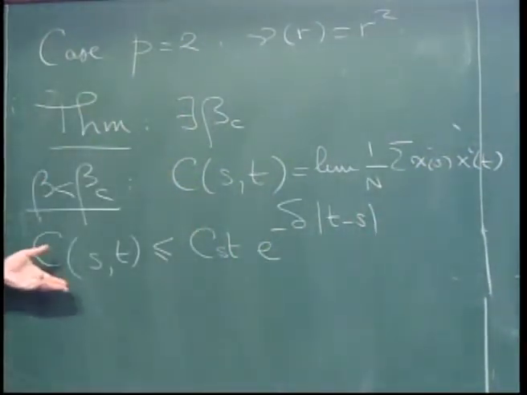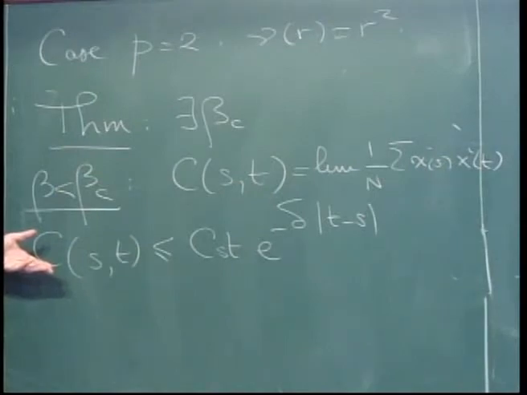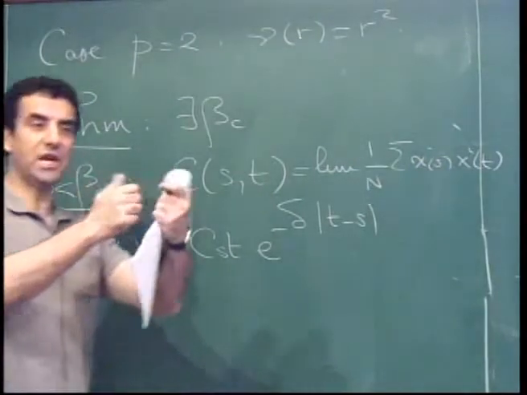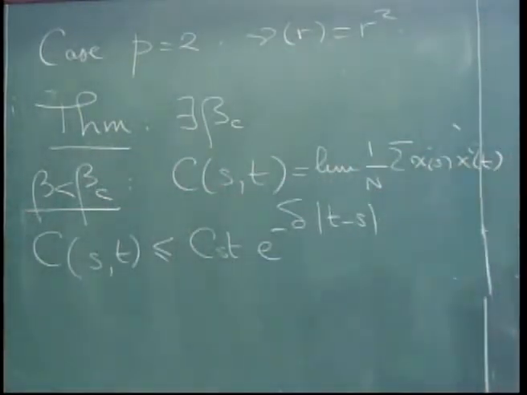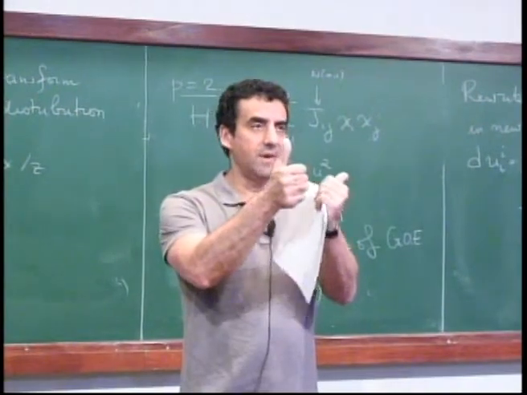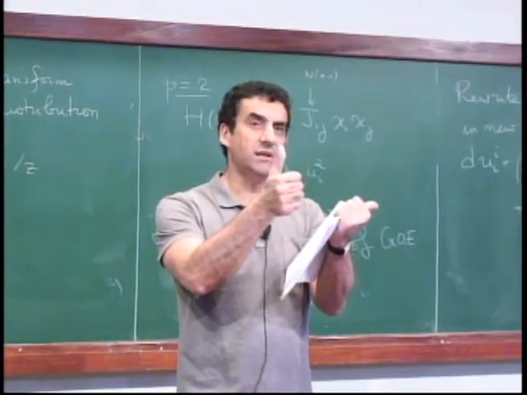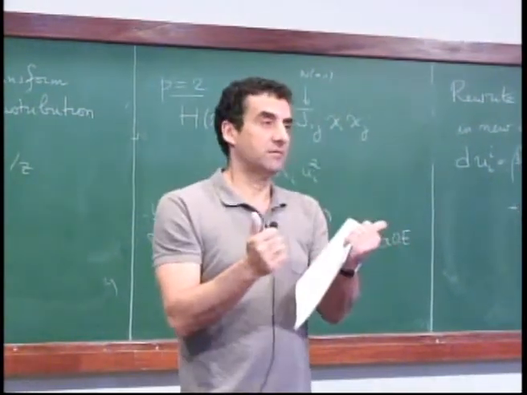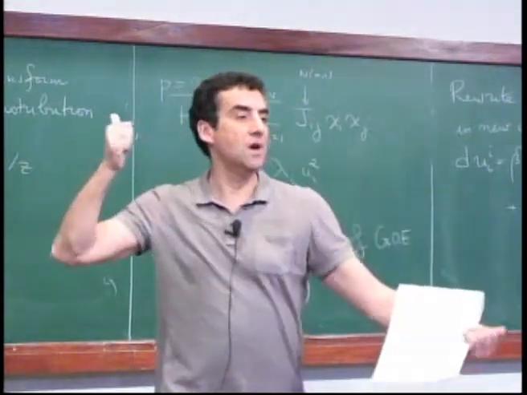So this means that this decays exponentially. What does that mean? You look at your trajectory, and it forgets its past very quickly. The overlap between the trajectory at time t and at time s, later than t, goes to 0 very quickly. These two points, their overlap goes to 0.